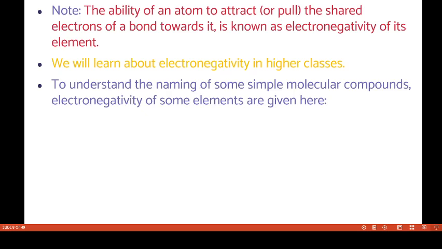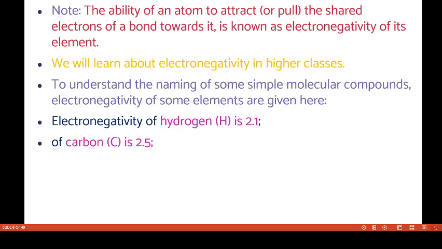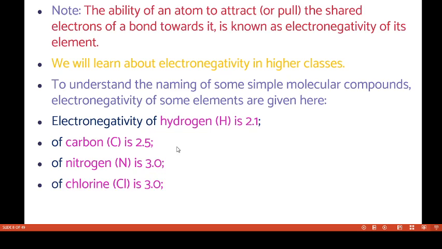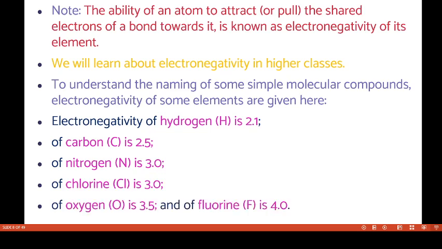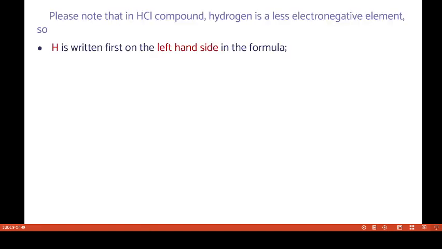Now, to understand the naming of some simple molecular compounds, electronegativities of some elements are given here. See, hydrogen is 2.1, carbon 2.5, nitrogen 3.0, chlorine 3.0, and oxygen 3.5, fluorine higher.